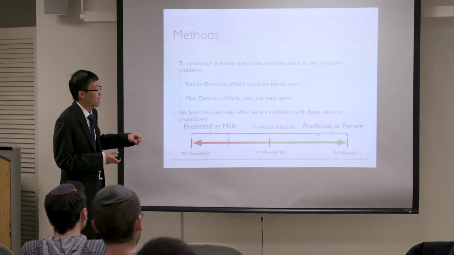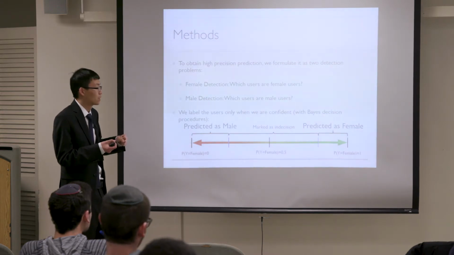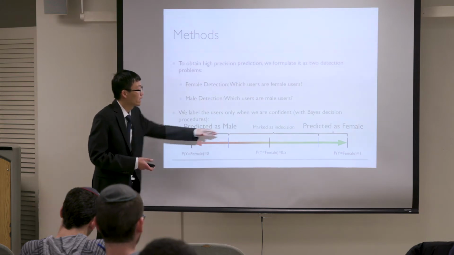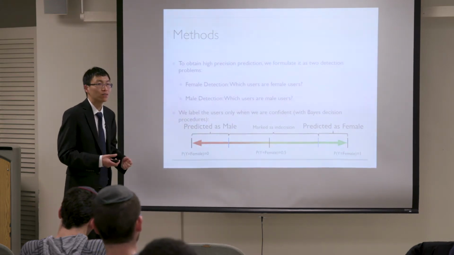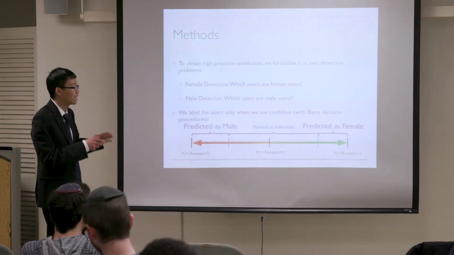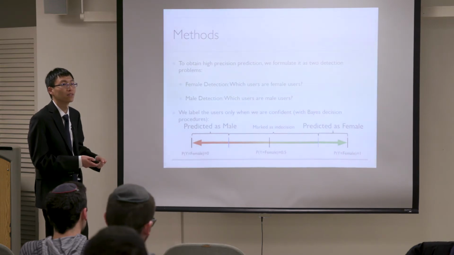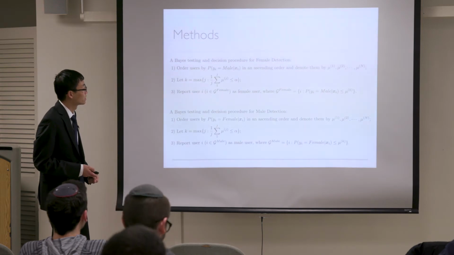If the users have enough data and enough evidence to support it, then we label the user. Otherwise, we currently mark it as indecision, and we will label it later if we have more data. So we do not label all the users, just the ones that we are confident about. And this is the decision procedure.